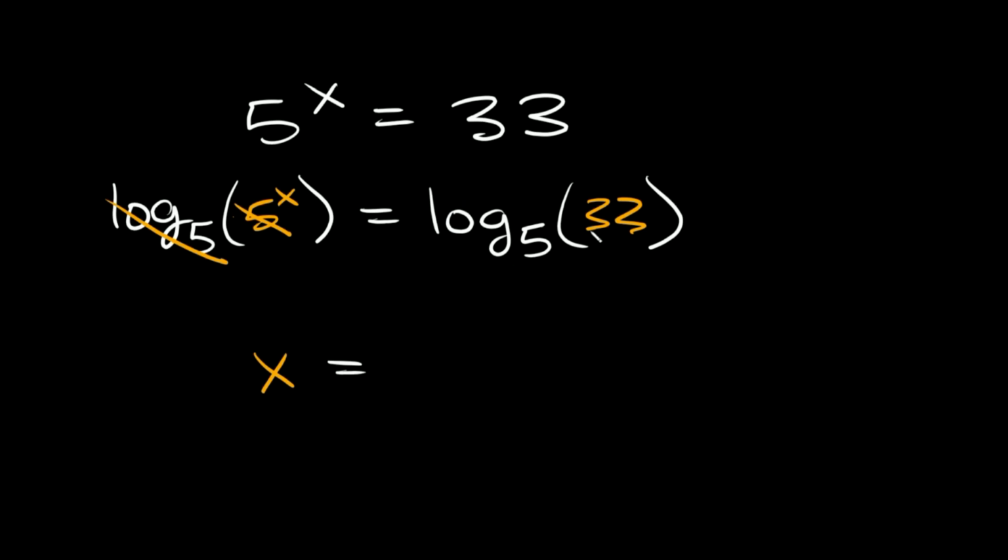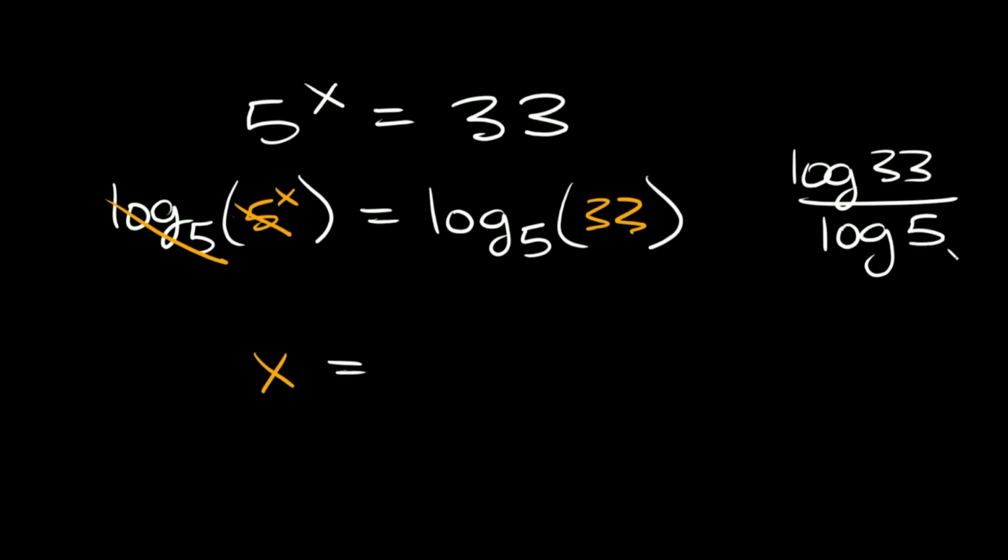So you can plug this into your calculator just like that if it allows you, but if not, another way you can solve this is by, this is the same thing as saying log of the big number, so 33, divided by the log of the little number, the base, 5, okay? So then if you plug this into your calculator, you'll get that x is approximately equal to 2.17, right? We'll go 2 decimal places. So then this is your answer right here.